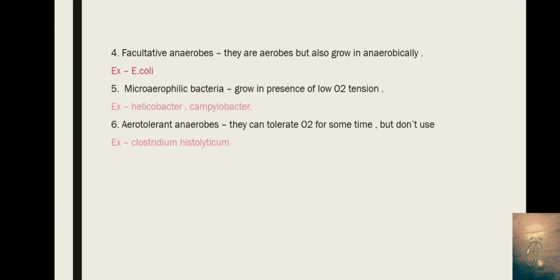And fifth, microaerophilic bacteria grow in the presence of low oxygen tension. For example, Helicobacter, Campylobacter. And coming to sixth, aerotolerant anaerobes. They can tolerate oxygen for some time, but don't use it. For example, Clostridium histolyticum.